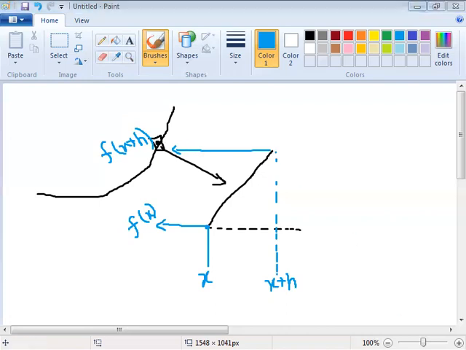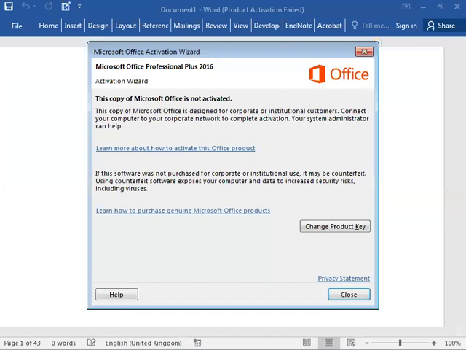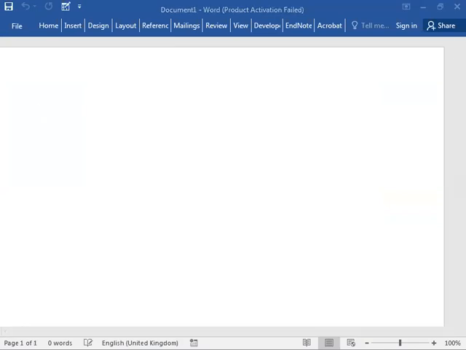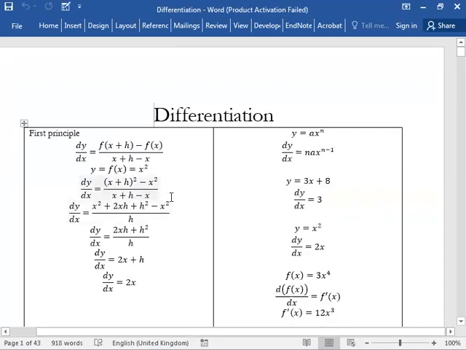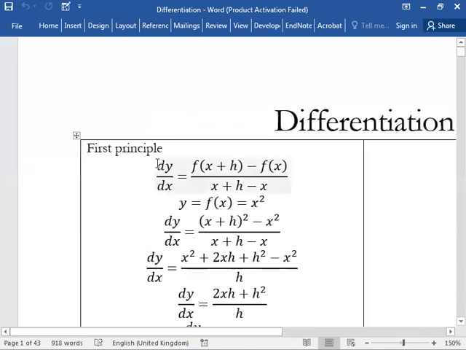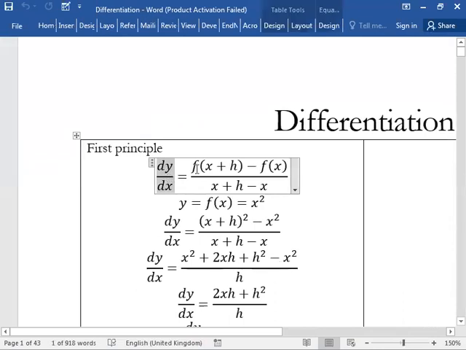So if I tell you that I need to differentiate this, you can say that dy by dx can be found. The value of y2 is f(x plus h).